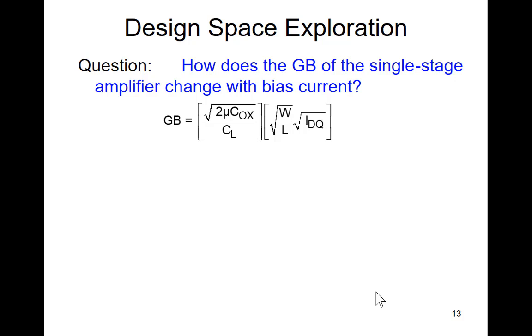Square root. It varies with the square root of the bias current. Oh, we haven't changed circuit structures, but we've got two different answers to the same question. Is there anything wrong with having two different answers to the same question?